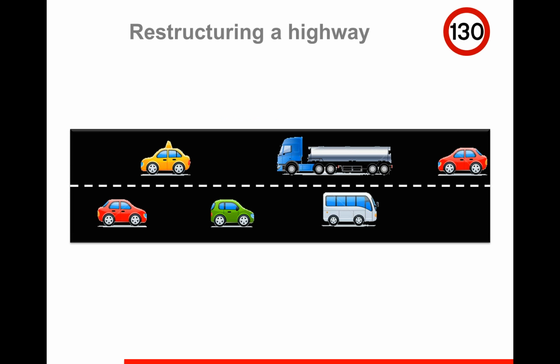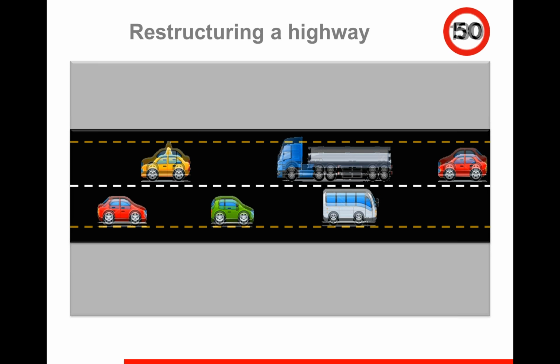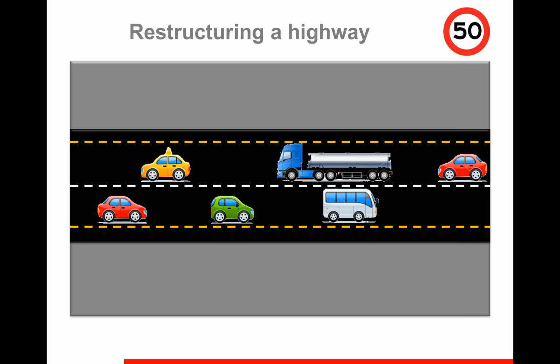Consider this as an example. If you want to restructure a highway, with all the cars going left and right on the road, and you want to double the number of lanes, you don't want to close the entire road. So what you do is you limit the speed, restrict the lanes a bit, and start building the extra lanes.